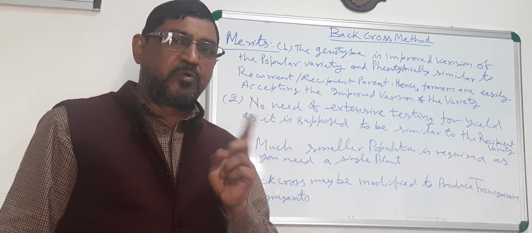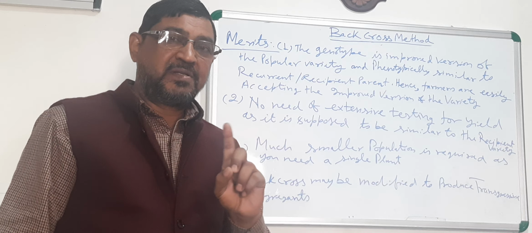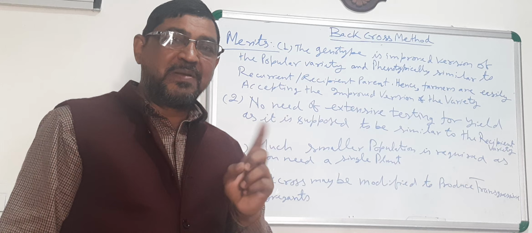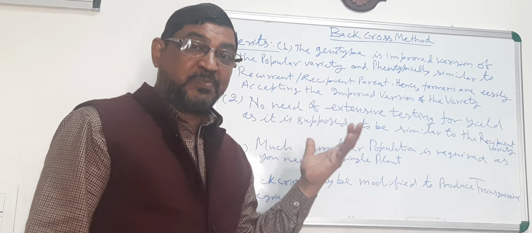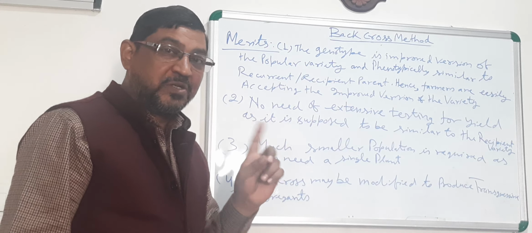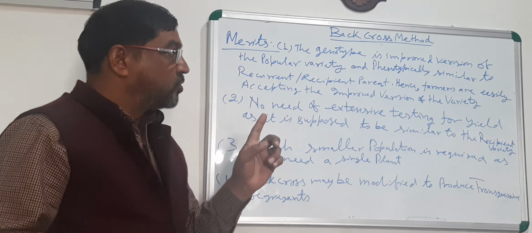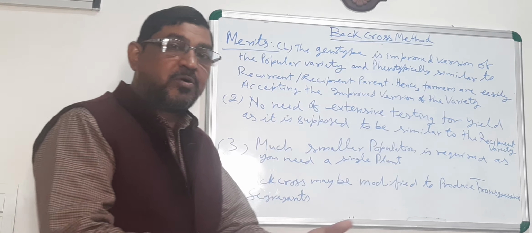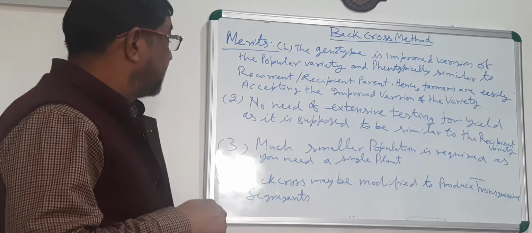So don't improve those varieties which are not popular among the farmers, because that will not be worth this much expenditure and this much duration. So once you have developed it, the merit is that farmers accept it because, oh, it is our variety with an improved version. They are happy with that.